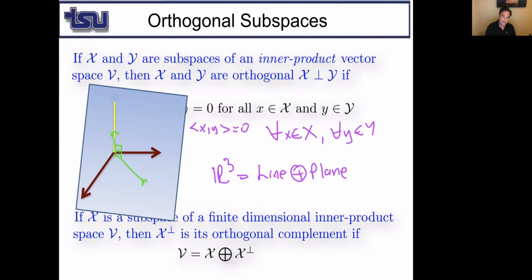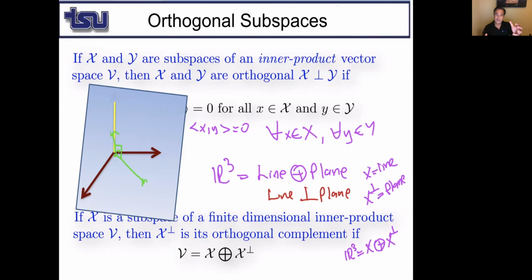And additionally, if the line and plane are orthogonal, just like in this case, then we say that V is the direct sum of what? X and X perp. Here, X is the line and the orthogonal complement of the line is the plane. And then R3 is X direct sum X perp. Orthogonal complement means what?